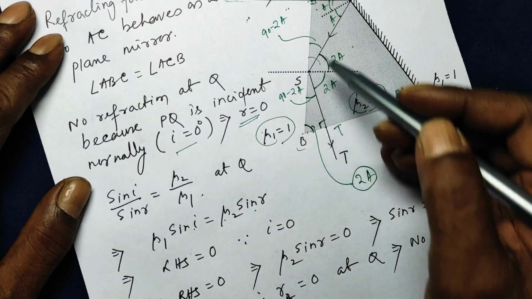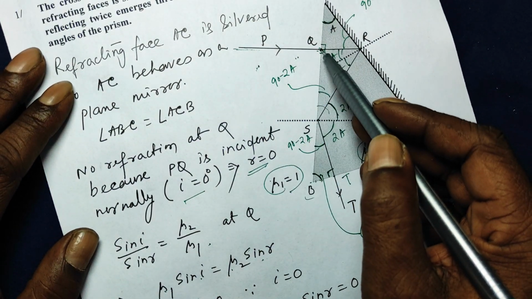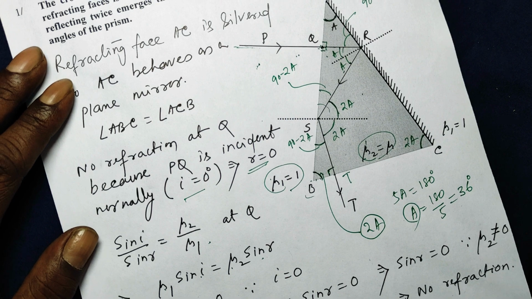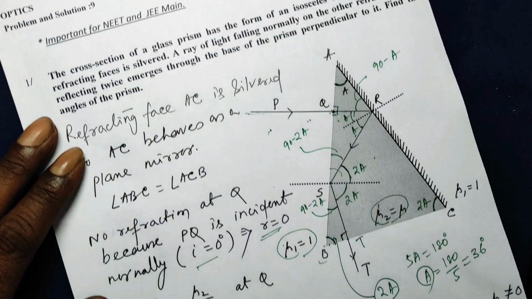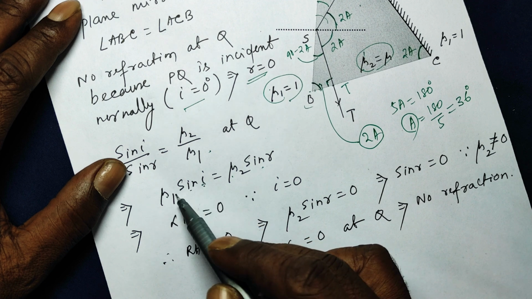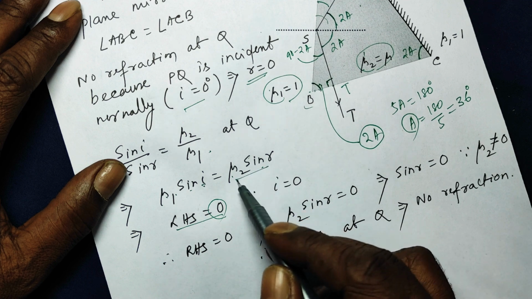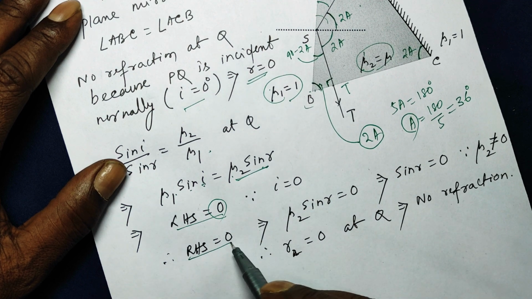Now, since I is equal to 0, because this is the ray and this is also the normal, there is no angle between them, therefore I is 0. Since I is 0, put I as 0 here, sine 0 is 0, 0 into mu 1 is 0, so the left hand side is 0. So the right hand side has to be 0.